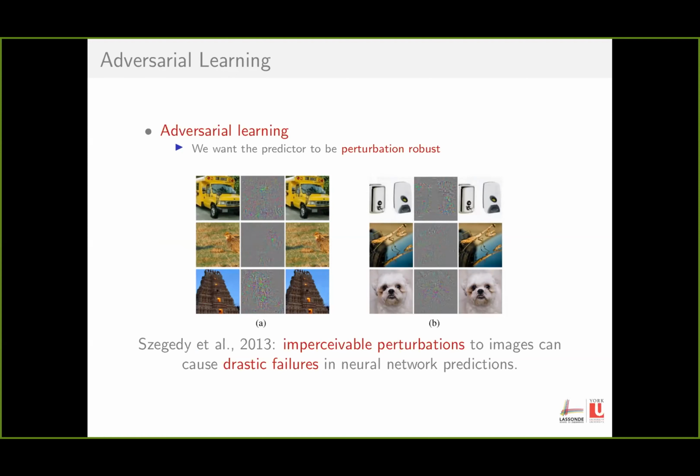Often just flipping a pixel or adding some additive noise that for a human would not change the label of an image flips the prediction of these otherwise really successful neural networks. And that, of course, is a huge security and robustness concern.